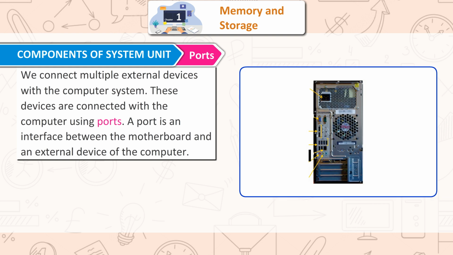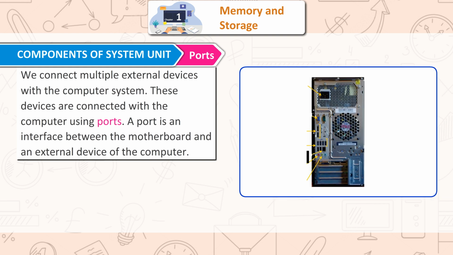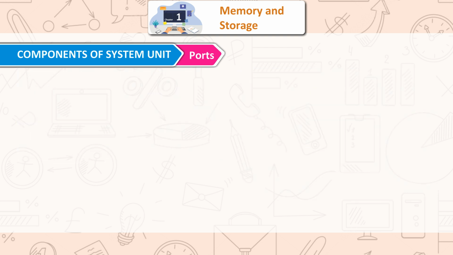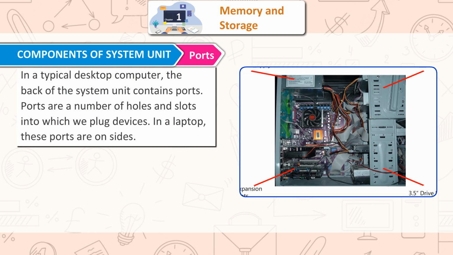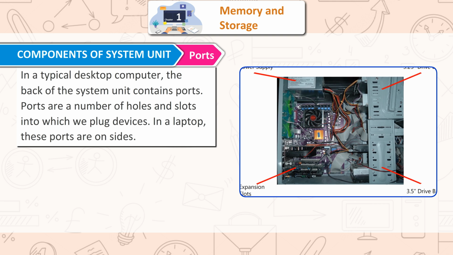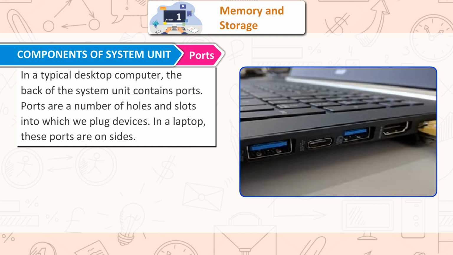Ports. We connect multiple external devices with the computer system. These devices are connected with the computer using ports. A port is an interface between the motherboard and an external device of the computer. In a typical desktop computer, the back of the system unit contains ports. Ports are a number of holes and slots into which we plug devices.